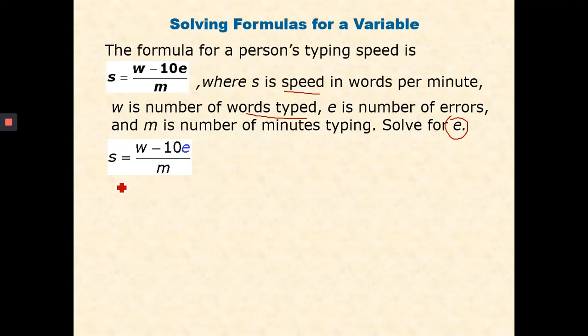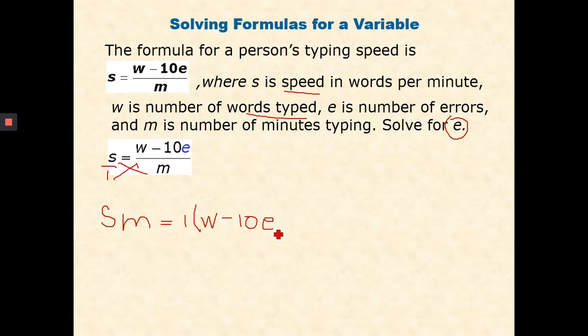Okay? So in this case, can we apply cross multiplication? Yes. So what is the denominator here? It is 1. So just cross multiply. S times M, that is SM, is equal to 1 multiplied by the quantity W minus 10E.